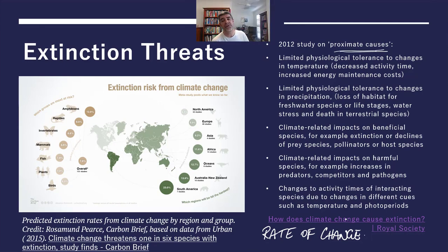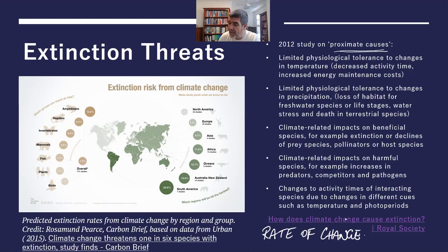Climate-related impacts can also have some impact on beneficial species. So we can find extinction or decline in prey species, pollinators, or host species. This is one of the problems if you're a predator and you have a particular prey that you specialize with and something happens to that prey, that's going to affect the predator species.